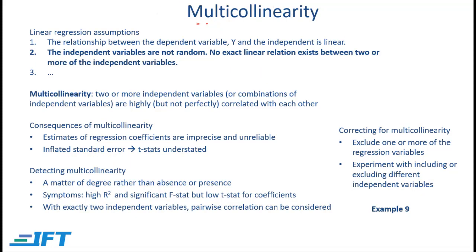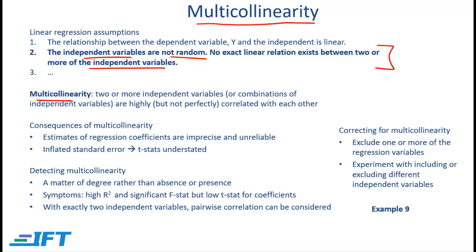Moving now to multicollinearity. One of the assumptions of linear regression is that the independent variables are not random, and there is no exact linear relation between two or more of the independent variables. Multicollinearity is a violation of this assumption.